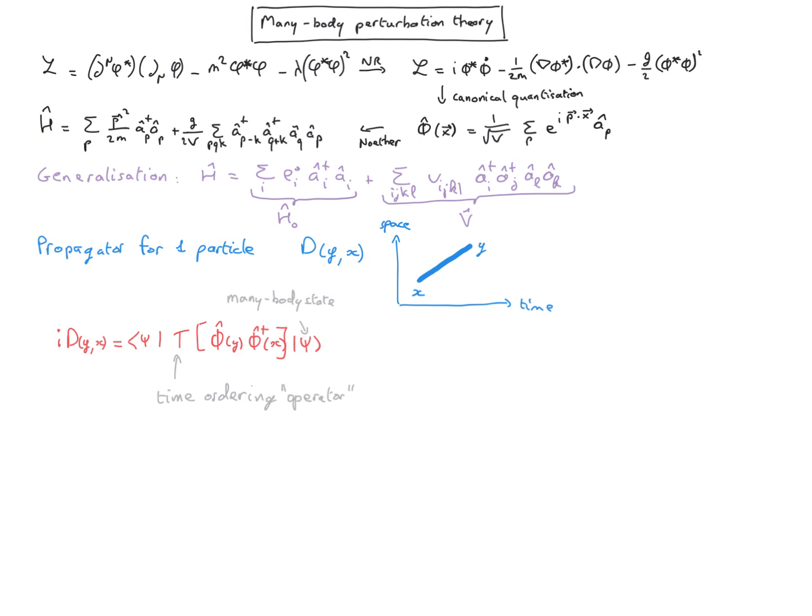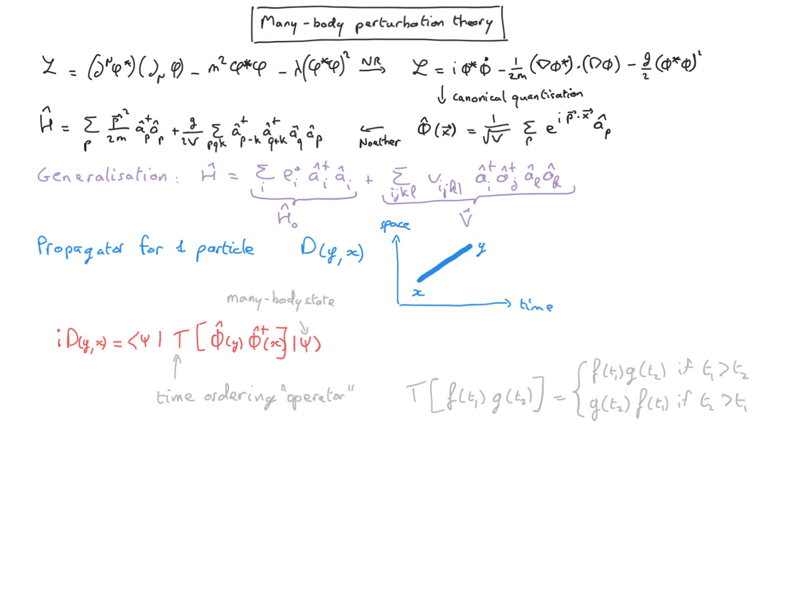It's not strictly speaking an operator in the sense that it doesn't belong to the Hilbert space. So its action is to put the later function of time to the left and the earlier one to the right. This way we make sure that we create before we annihilate.